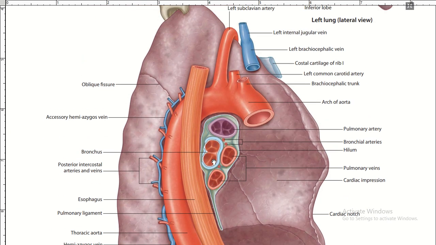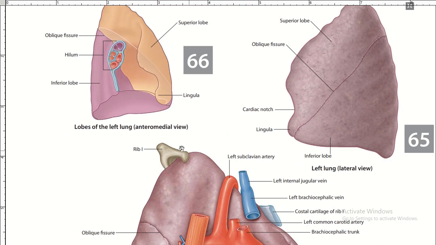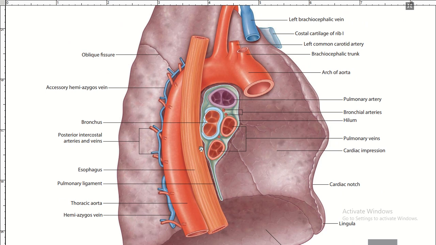Right? So you can actually see that your left lung is going to have some reflections or grooves of the following. You're going to have the groove of the arc of the aorta and the descending aorta.